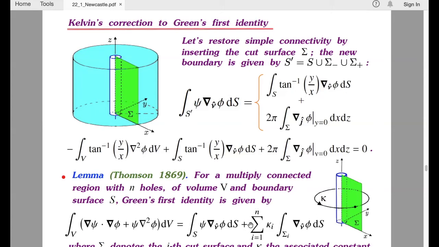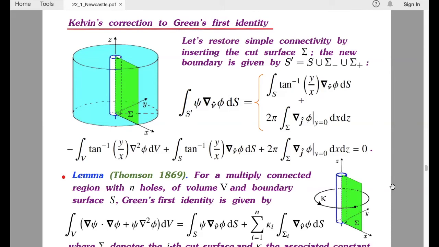You see, he generalizes what he learns from practice, from working out an example. And he says, well, given a number of holes, n, we just insert a number of cuts, each of surface sigma i, and each with an appropriate circulatory constant kappa i, to use the word of Kelvin.